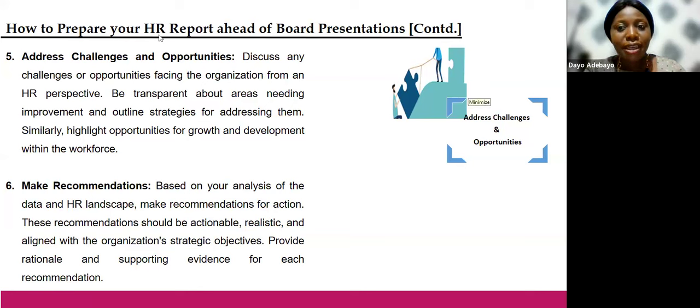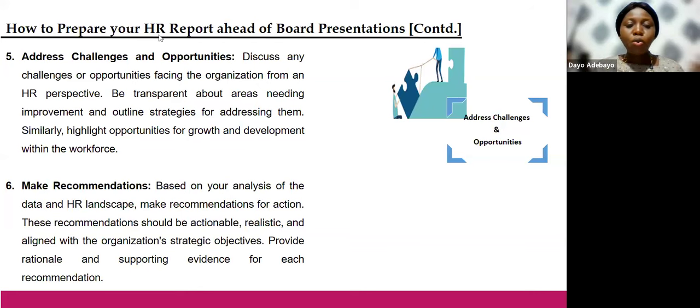All right, so another important step is to make recommendations. Make recommendations based on your analysis of the HR data and landscape. You have analyzed the data, month on month or day by day, and you've seen the system from the HR perspective.